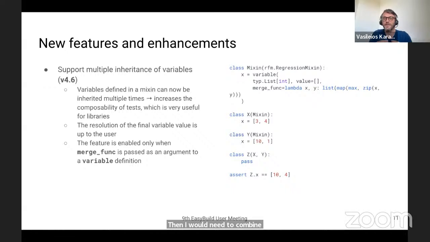And the resulting test should have the combination of those two constraints. So you need to be able to support this multiple inheritance. That's why we added this, and it makes the test much more composable.